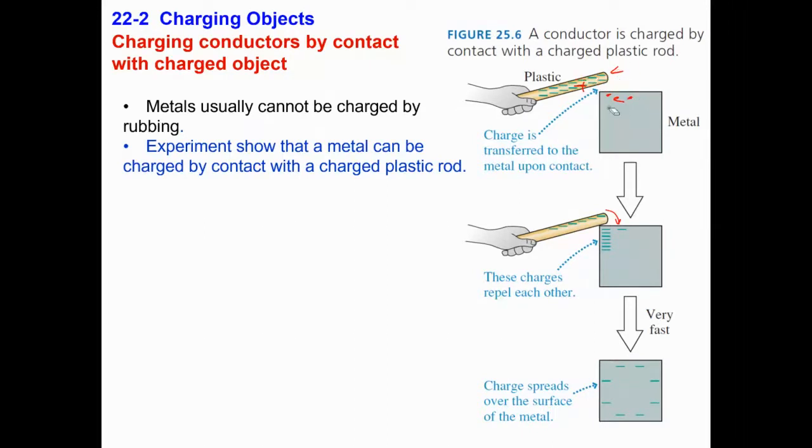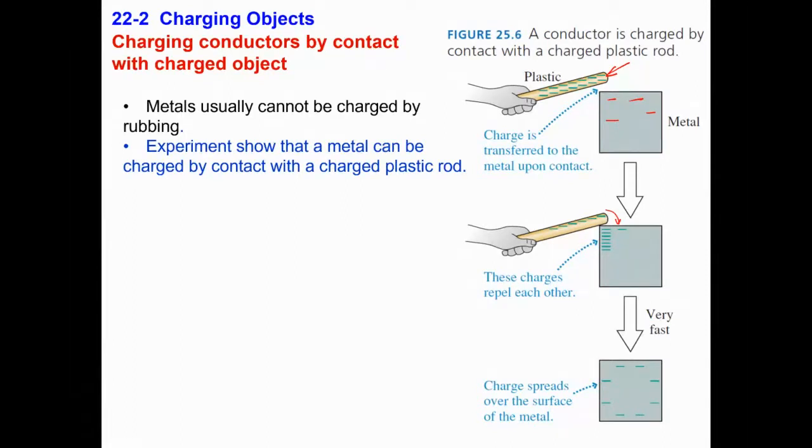Now what is difficult to explain is if this is negatively charged, and you touch the metal, normally the negative charges are not free to move, and here we don't have free positive charges. The metal has only free negative charges. The positive charges are protons. They are fixed to the atoms. We'll see an example, but this is something one has to investigate.